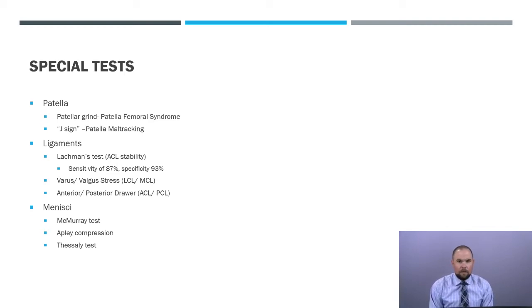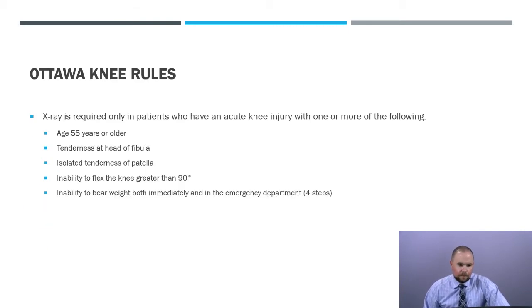Apley compression is done with the patient lying prone and basically pushing on the knee joint with the same maneuvers. And then Thessaly test, the patient's standing, they go up on their toes, and then they rotate through the knees. And then pain or clicking or popping, locking, when you do those maneuvers would be a positive finding.